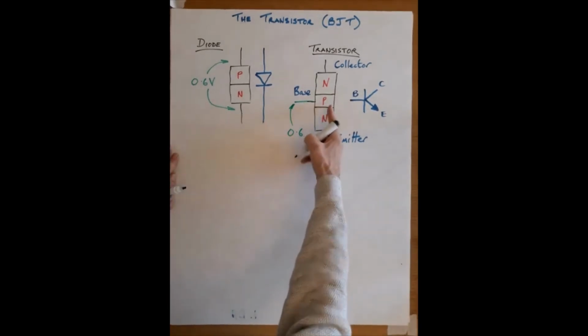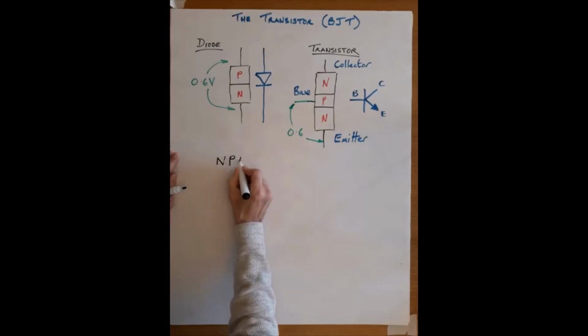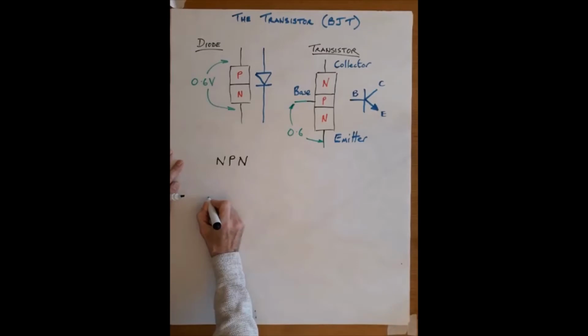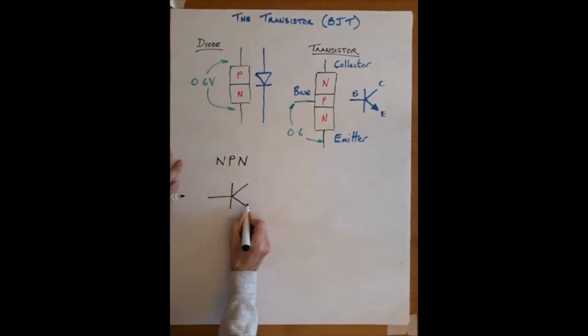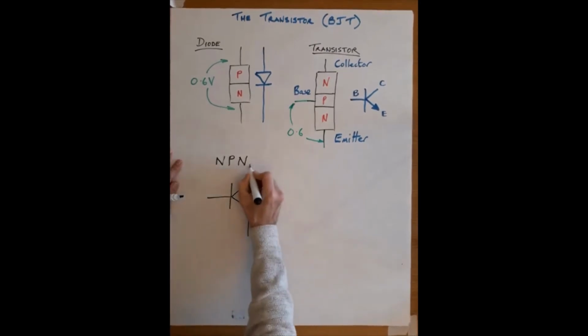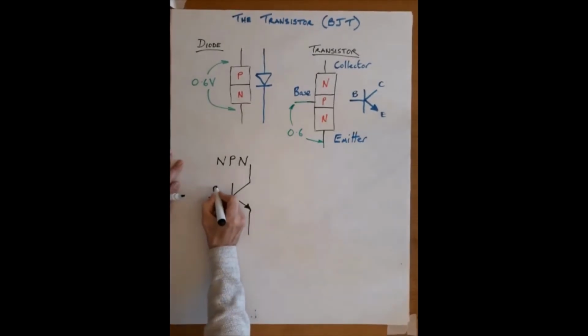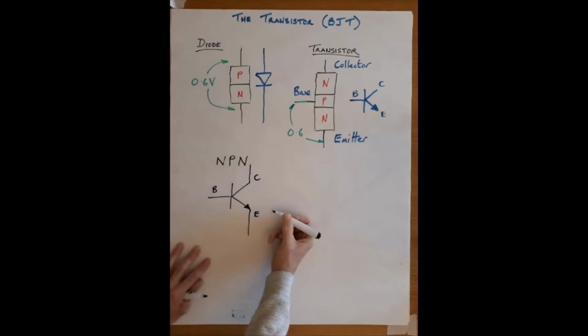So we've touched on one here, NPN. So that looks like this. So the three terminals again: base, collector and emitter.